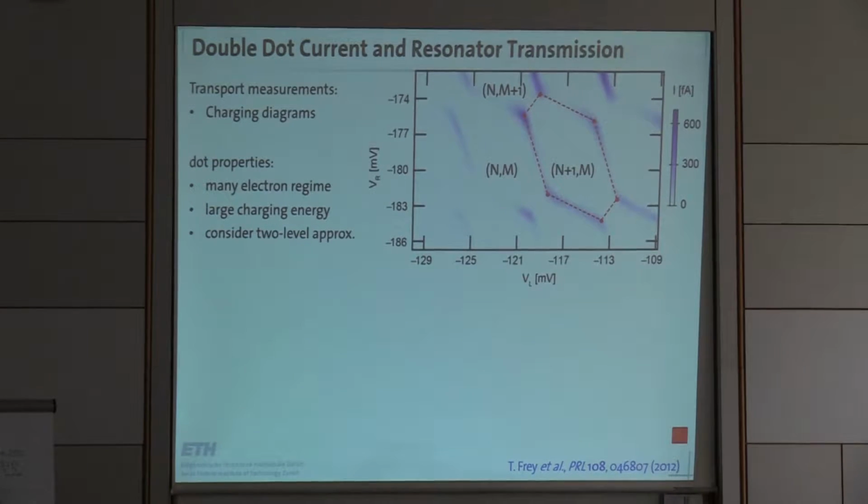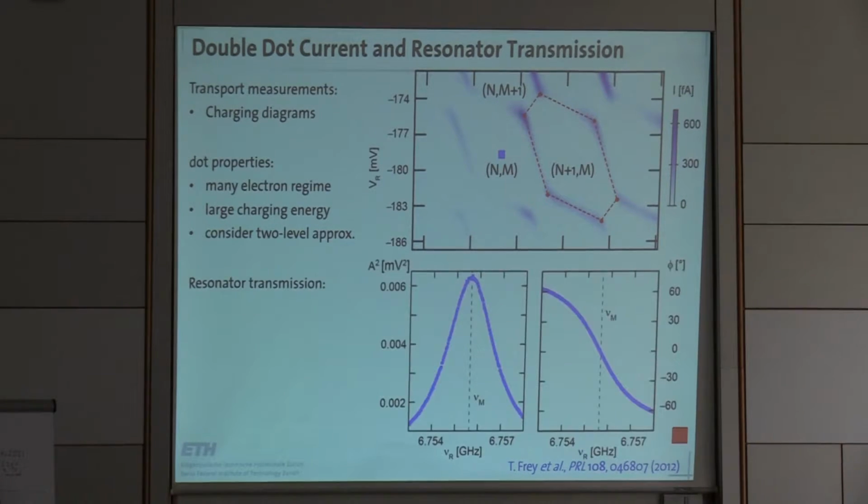Okay, and so now you can ask yourself, if you stick such a thing into a superconducting cavity, what will you see? The first experiment to do is you can put your double quantum dot into this blockaded region here, where no charges can move, and then you can measure the resonator spectrum that your dot is coupled to, and you see this resonance spectrum here.